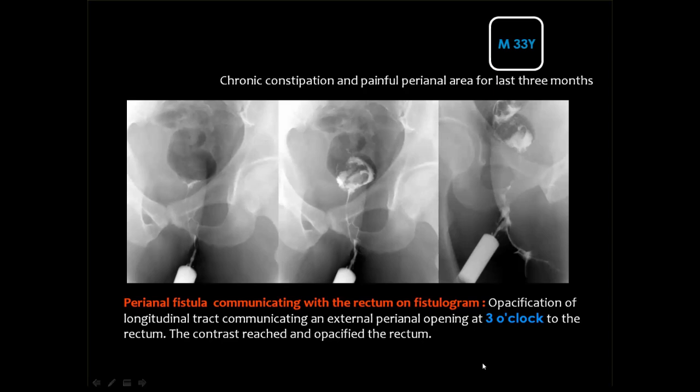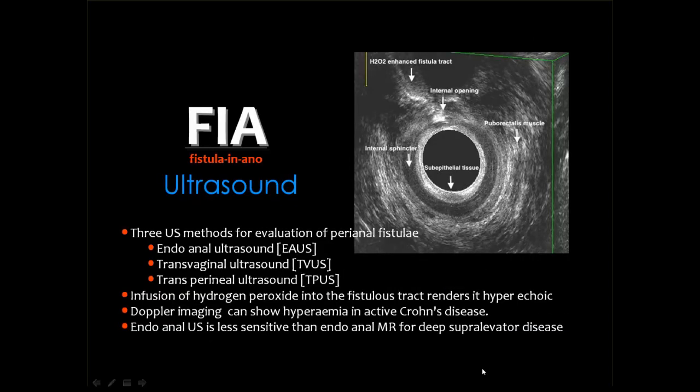Then ultrasound is also one of the techniques that can help in the diagnosis of anal fistula, and there are 3 methods for ultrasound: the endoanal, the transvaginal, and the transperineal ultrasound. Sometimes they infuse hydrogen peroxide into the external fistula's opening, which will lead to hyperechogenicity inside the fistula's tract.